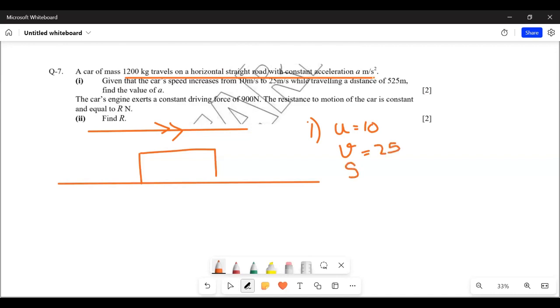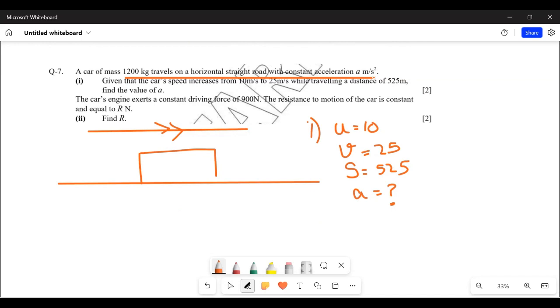The distance is 525, so that's s, and you have to find a. You have 3 values, you need a 4th value. That means you're going to use equations of motion. Which one? There were 5.